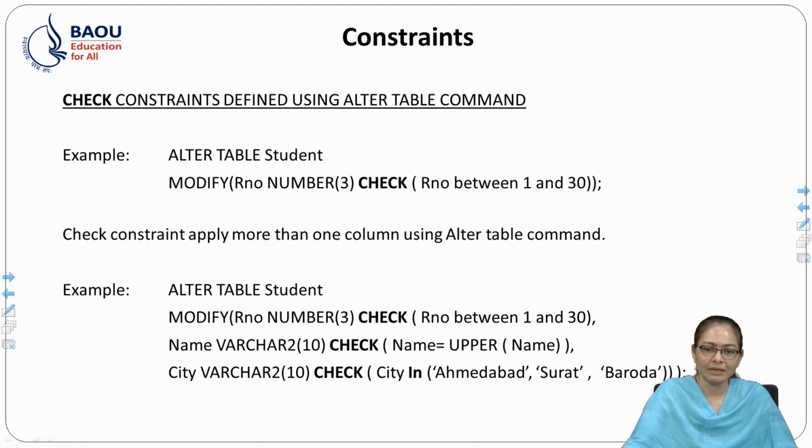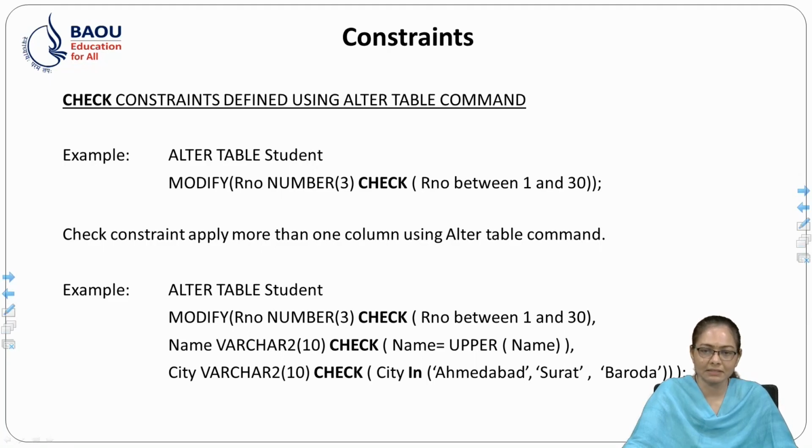Then we declare the check constraint, check roll number between 1 and 30. So, it will accept numbers 1 to 30 in the roll number column. Then we define capital letters in the name column. So, we define the check constraint in the name column.